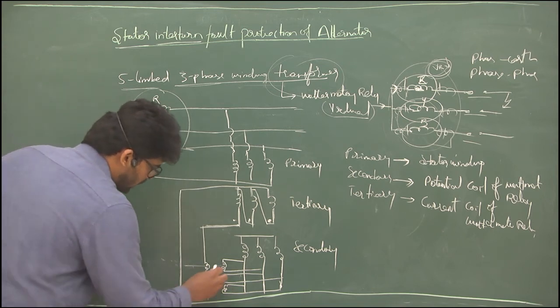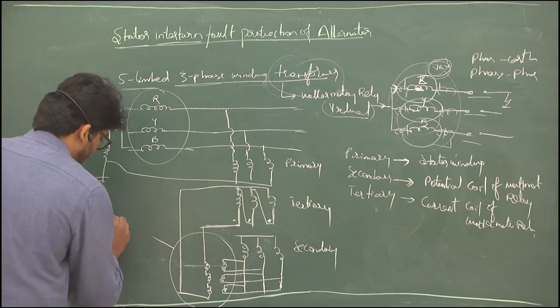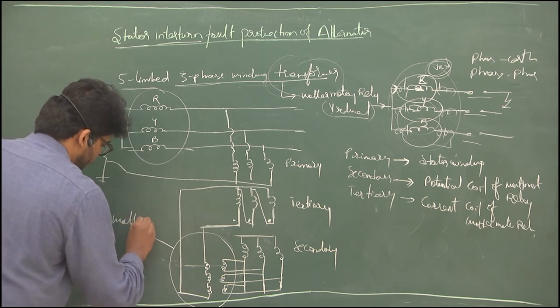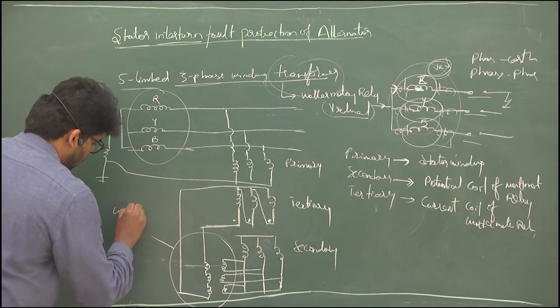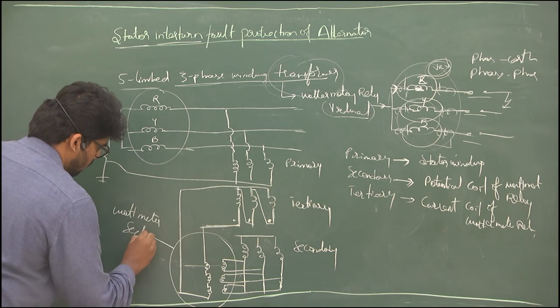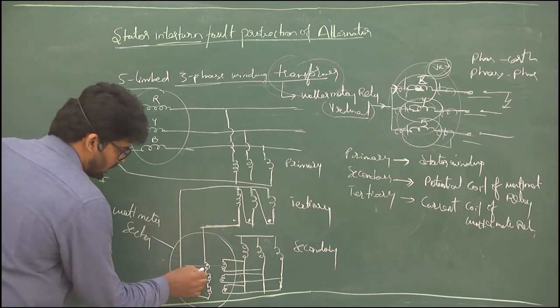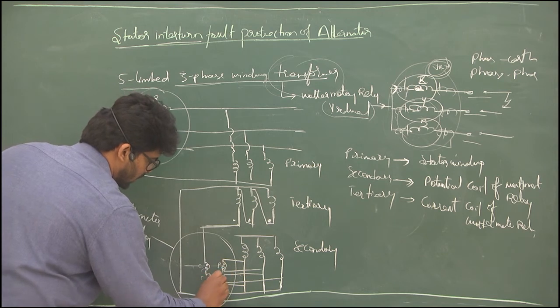So what is the wattmeter here? This is the wattmeter section. These are the current coils of the wattmeter for 3 phases, and these are the potential coils.